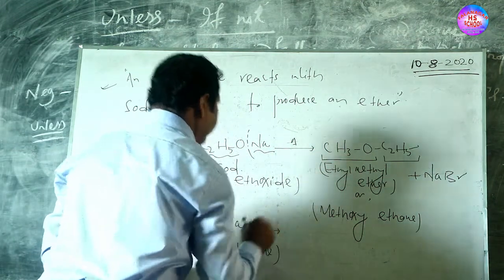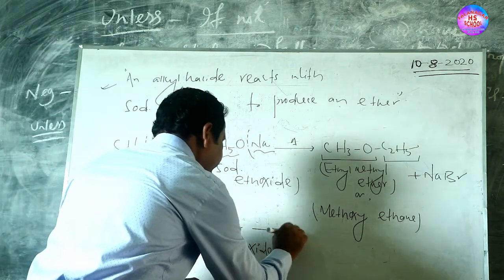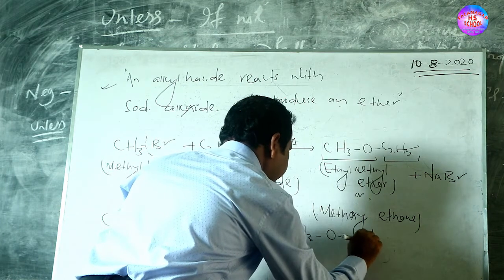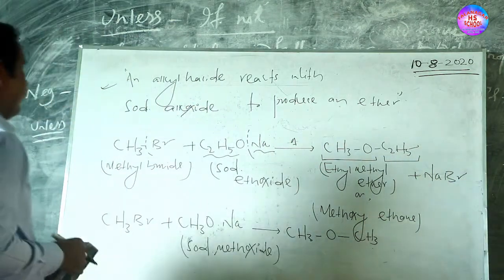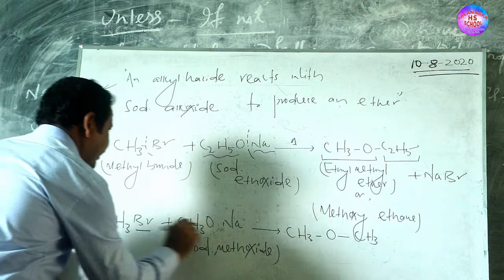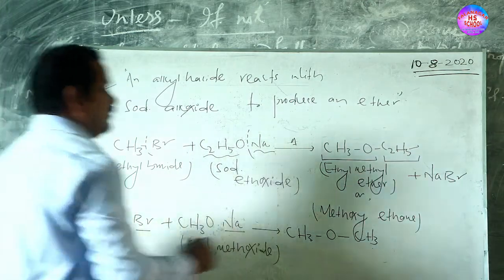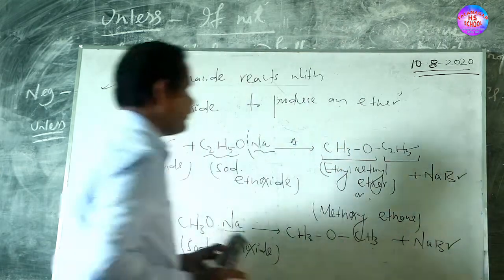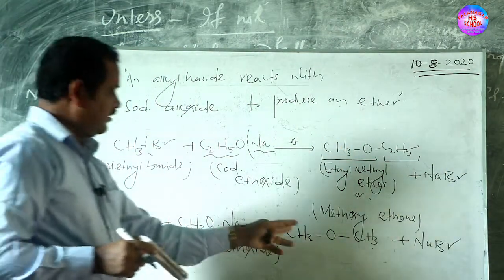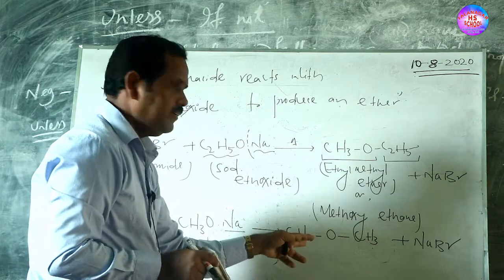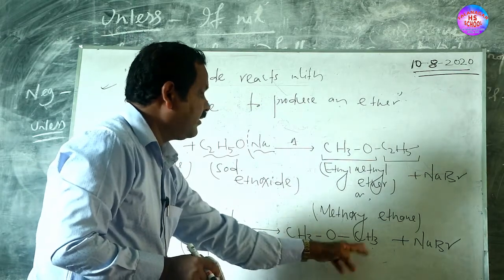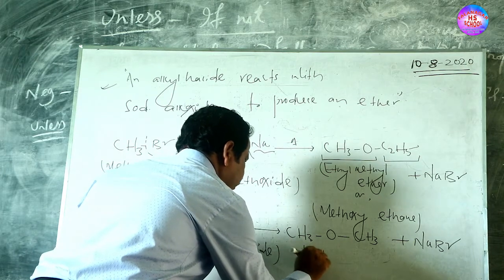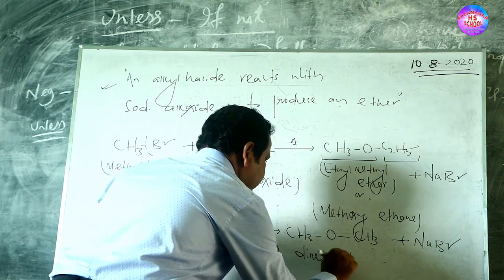The product will be CH3, bond O, bond CH3, and bromine combines with sodium, plus sodium bromide. So what is the product? Both sides are methyl, so the compound will be dimethyl ether.